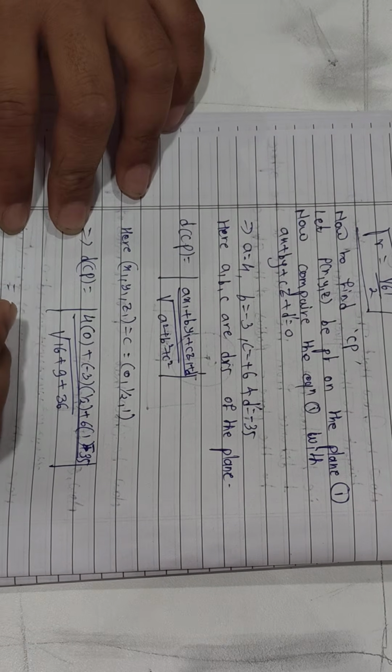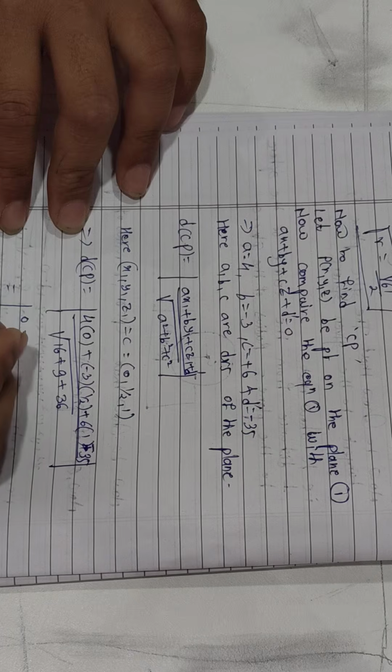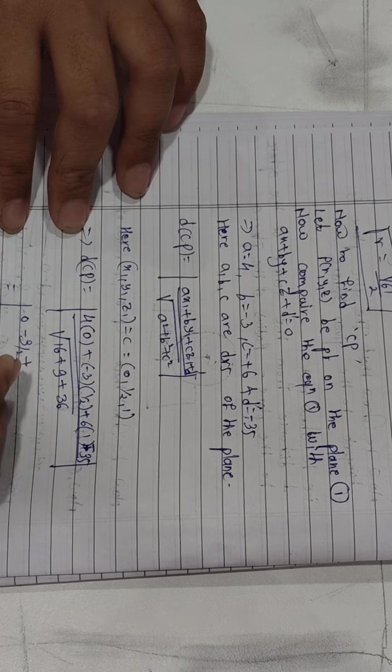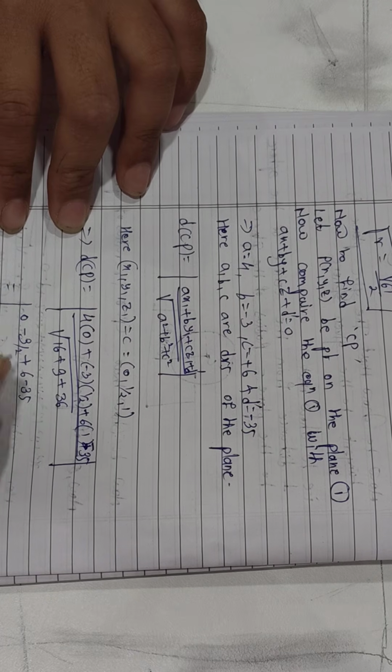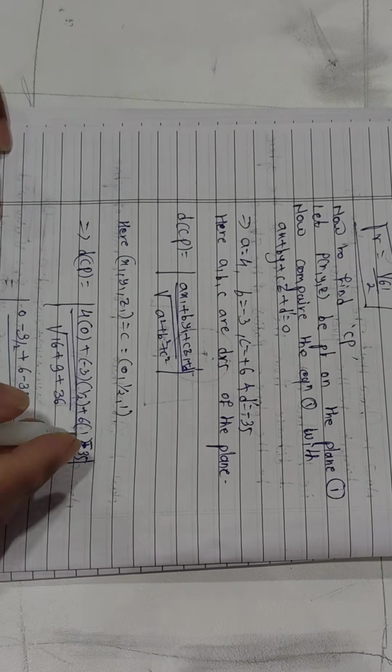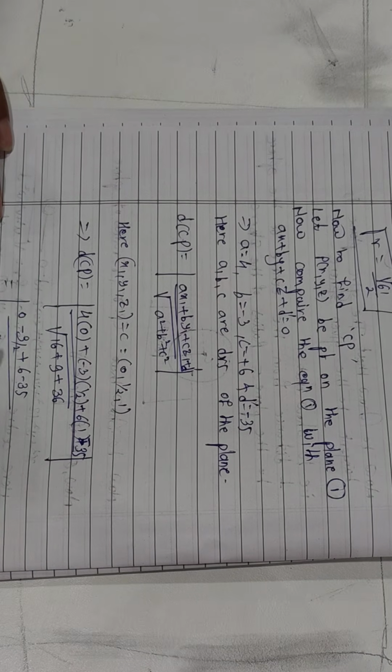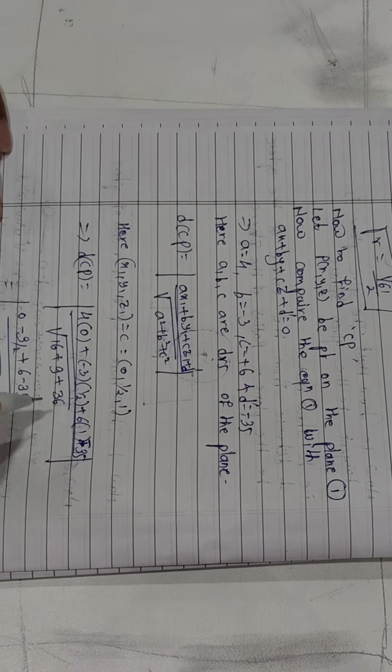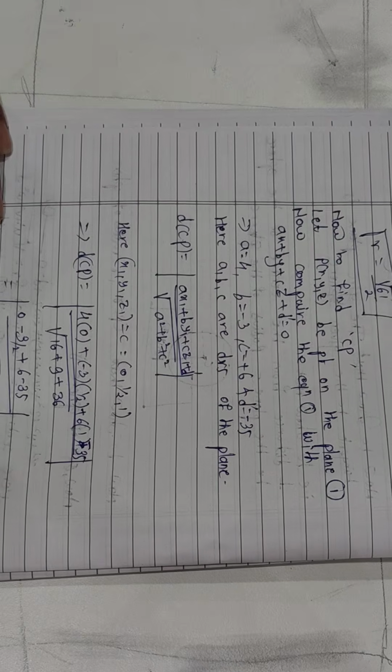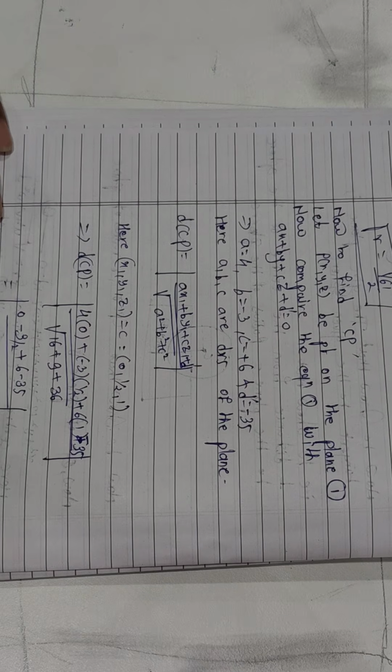This is equal to 0 minus 3 by 2 plus 6 minus 35 divided by root of 16 plus 9 plus 36, that is root of 61.